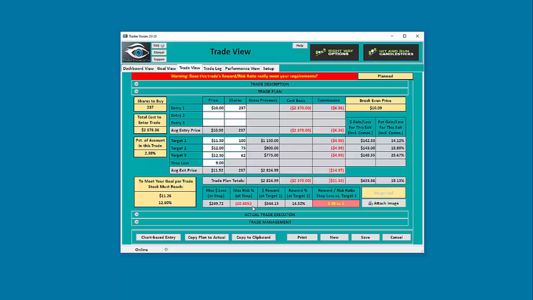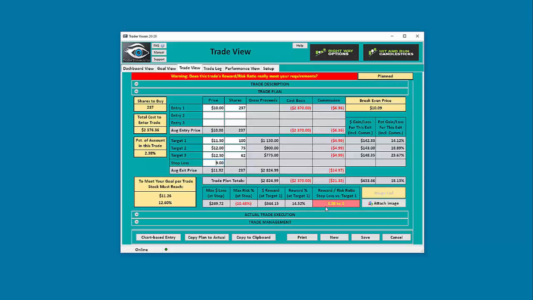So, as we're planning a trade, we need to take several things into consideration. Do we want to trade this big of a percentage of our account? Do we want to trade this big of a dollar block? Are we within our maximum risk tolerance for the trade? And even so, are we willing to risk 10.5% on that trade?